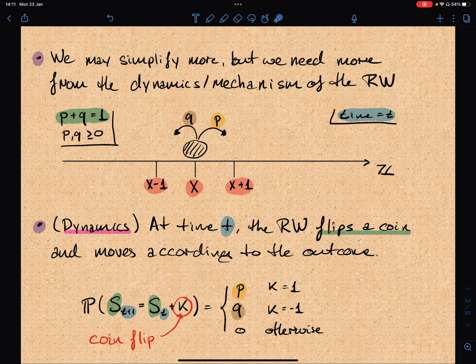But the way I want to do this is by looking more at the dynamics, or the mechanism, of a random walk and trying to see how to simplify that conditional probability through an intuitive understanding of the dynamics. I haven't described the mechanics at this point.